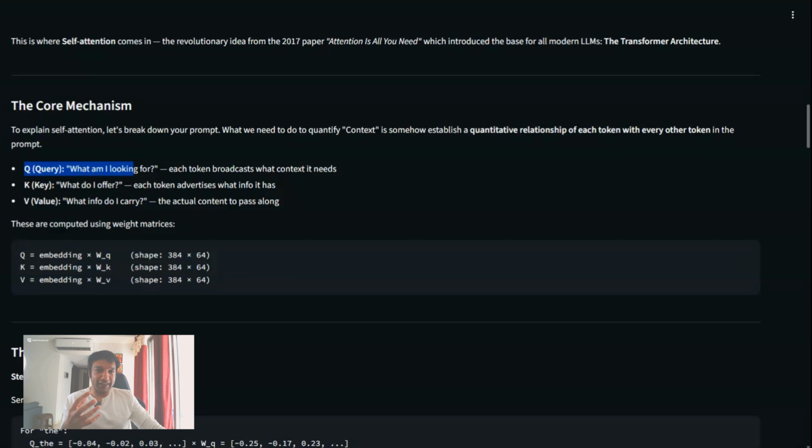Each token is going to ask, what am I looking for? Let's say bank is going to ask, I need a little more context to understand what I am suggesting. Key is the value that every token broadcasts, that is, what am I providing? Let's say river is providing water level context. And value is what the actual embedding is.